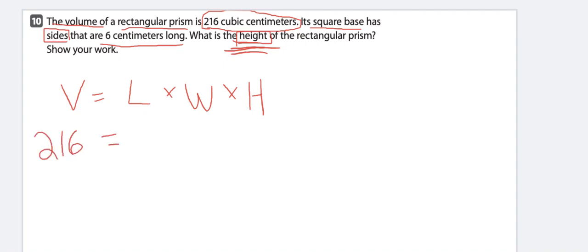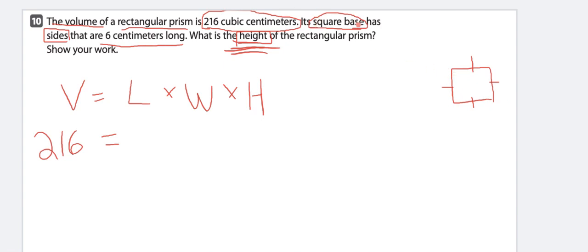Now I also notice it says it has a square base. So I want to take a second. I want to draw a square. What do you notice about the sides of a square? That's right. All the sides are the same. This side is the same, this side is equal, this side is equal, and this side is equal.